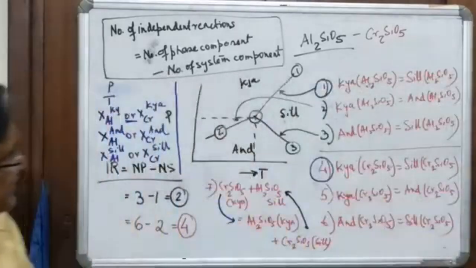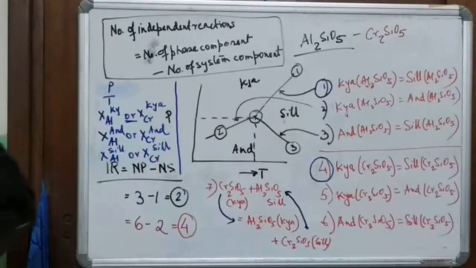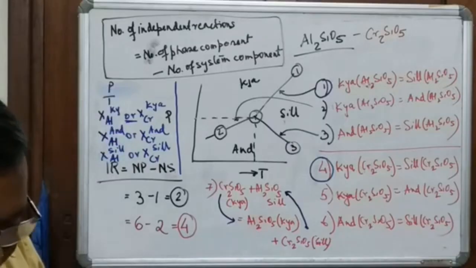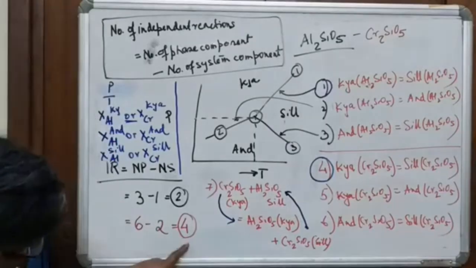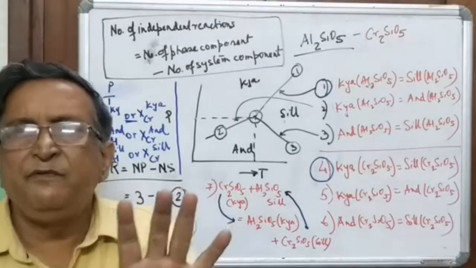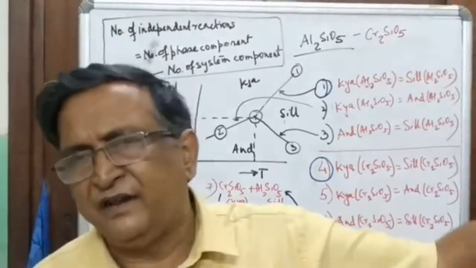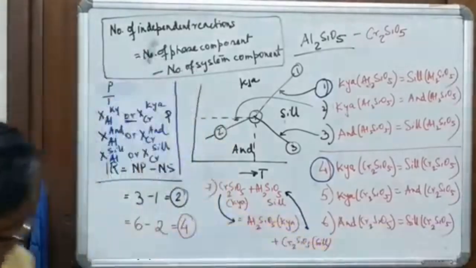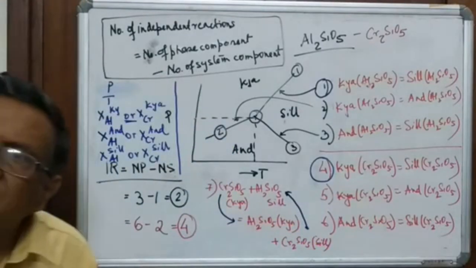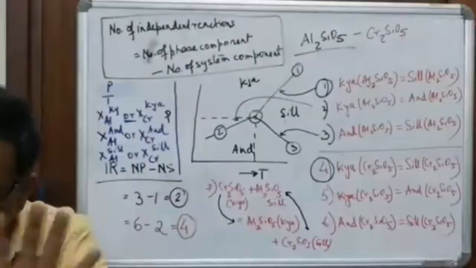I know that there are 5 variables in the system. This person says, you give me 4 variables, don't bother about 5, I will do it for you. But for the moment, you give me 4 variables. Now you can ask me, sir, how will I find the 5th variable? Wait a bit, I will tell you.